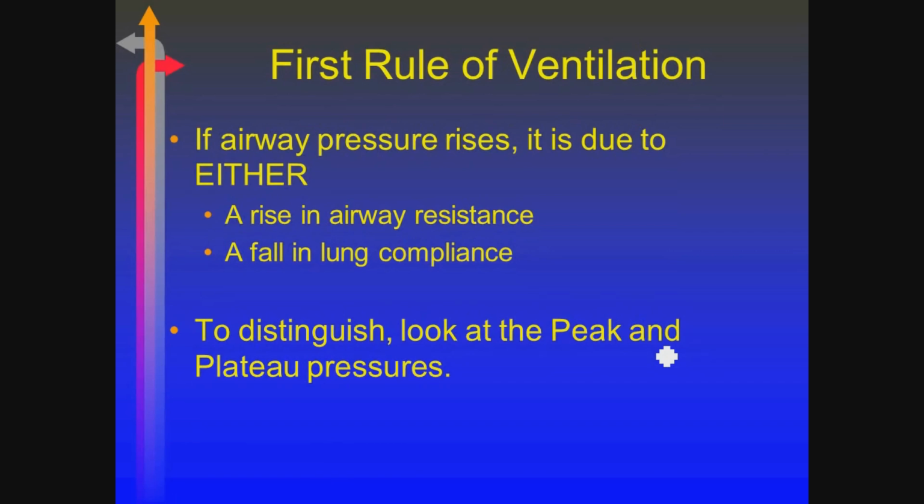So in volume ventilation, which is typically what we use in most ICUs, is a volume approach, and I'll touch back on this in a second. But I think Jeannie might have talked about it briefly when she talked about mechanical ventilation. Yes, no? Little bit, good. But we look at the peak and the plateau pressure.